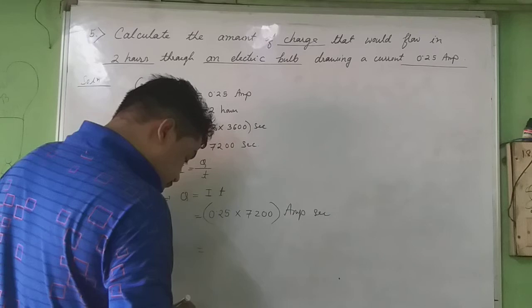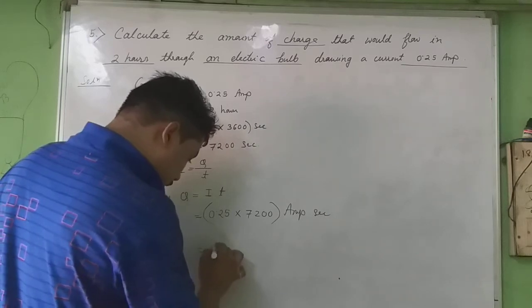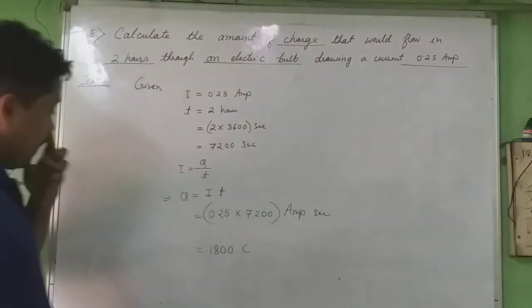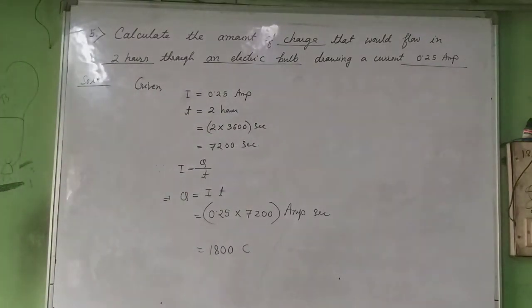So after calculation, 1800 coulomb. So the amount of charge is 1800 coulomb. Okay?